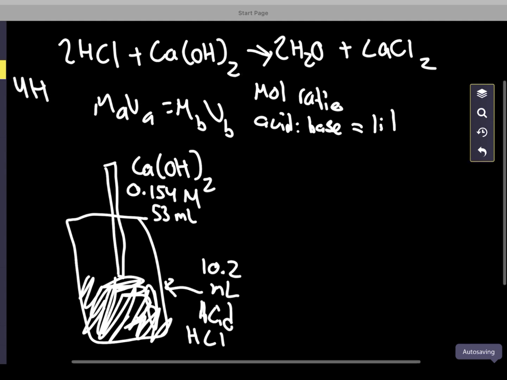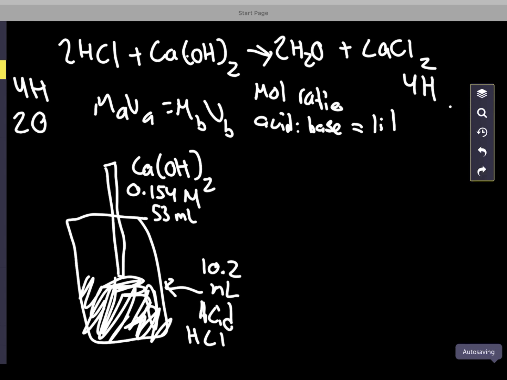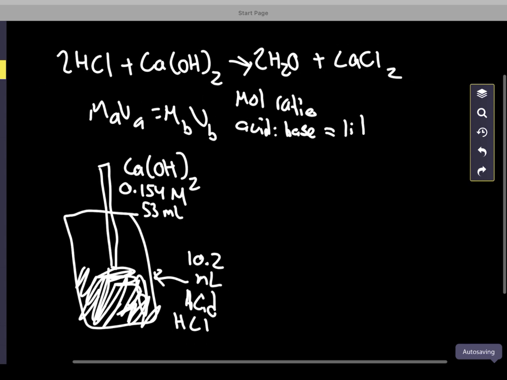So we have 4 hydrogens. Now we have 4 hydrogens on this side as well. We have 2 oxygens on this side, 2 oxygens on the other side. The rest looks clean. We balanced the equation. Now we can get titrating, you feel what I'm saying? Alright, now we can finish this titration.